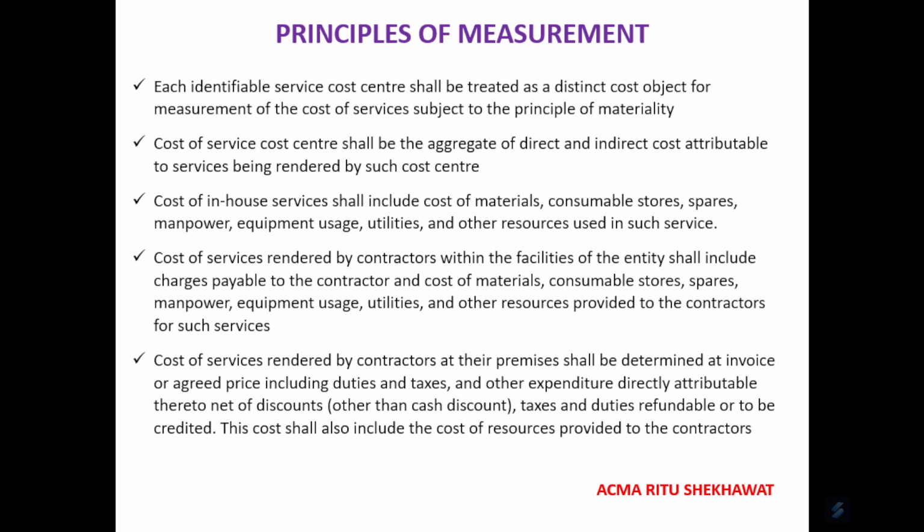Another point says if the contractor provides the services at his own premises, then the cost will be determined at the invoice or agreed price, including duties, taxes and other expenditure, net of ITC if available on duties and taxes.